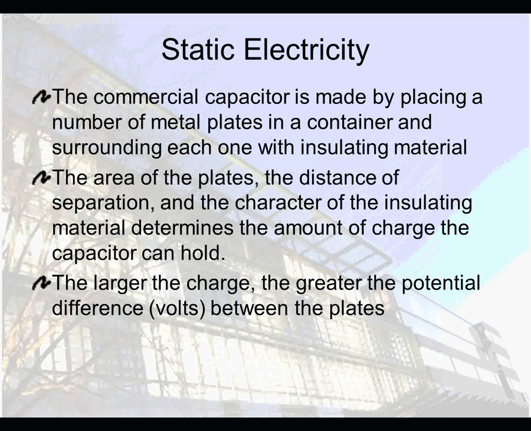The area of the plates, the distance of their separation, and the character of the insulating material, meaning how efficient it is at insulating, will determine the amount of charge that capacitor can hold. The more plates and the more insulating material, the more charge you can hold.